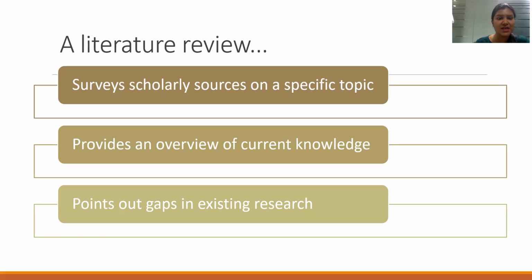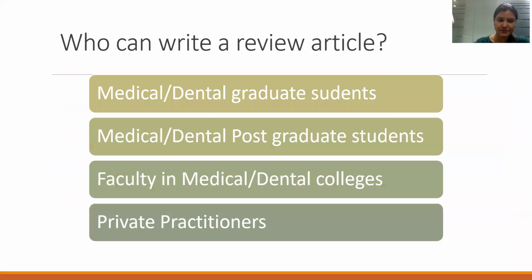It also points out any gaps in the existing research, which paves the ground for future research on that same topic. So basically, a literature review not only synthesizes all the current literature on that topic, but it also gives a ground for future original research topics.